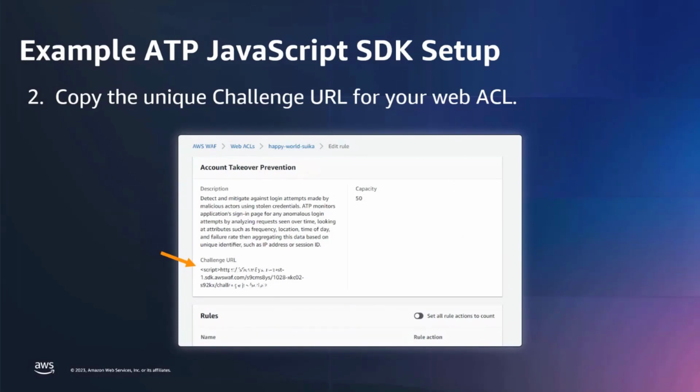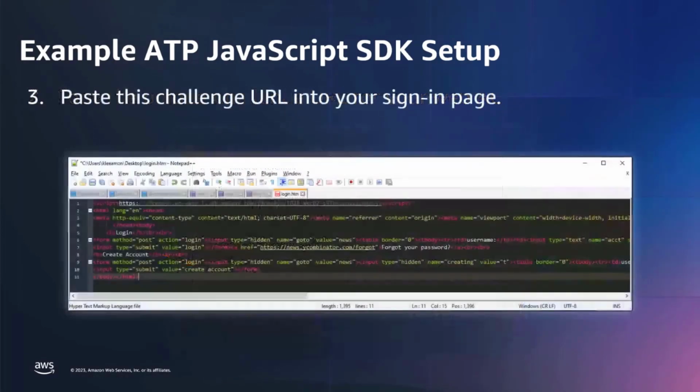You would copy it and paste this challenge URL into your sign-in page. That's it. From there on, whoever reaches the sign-in page would generate client-side tokens that the ATP rule group can use to understand account takeover attempts. Of course, it is not this simple for complex sites, but I want to just show you how easy it is to implement.